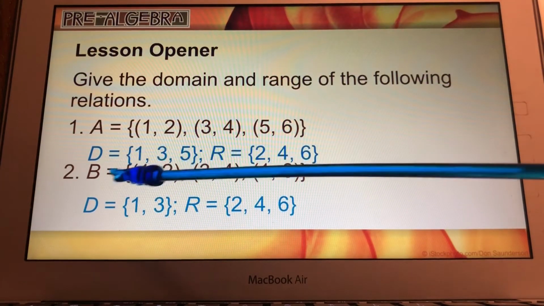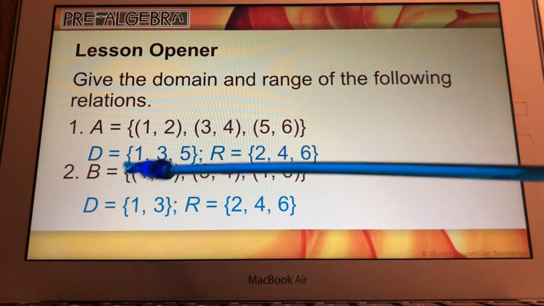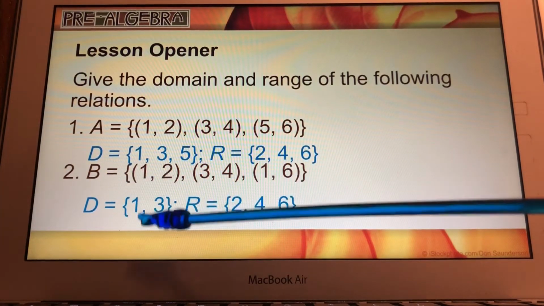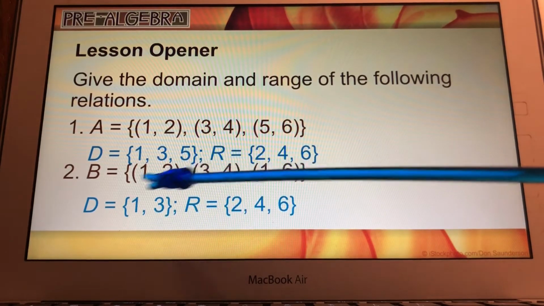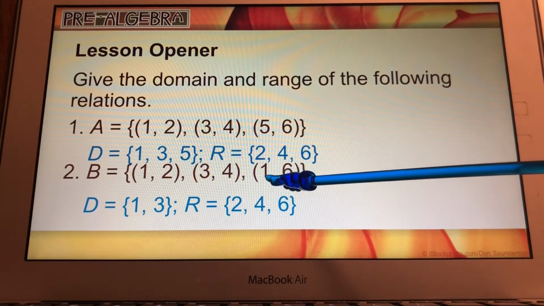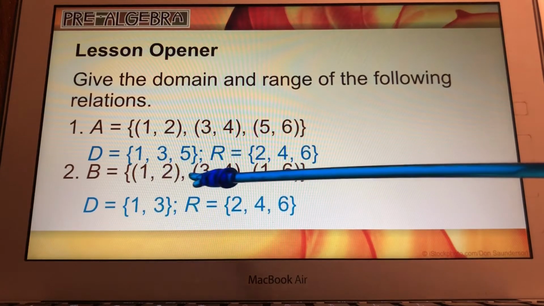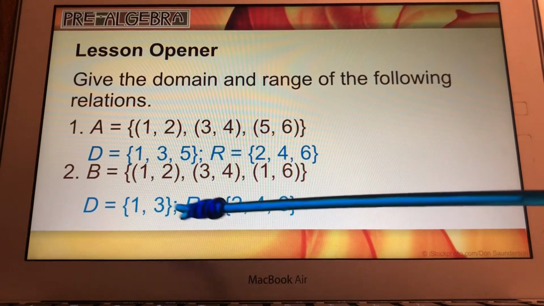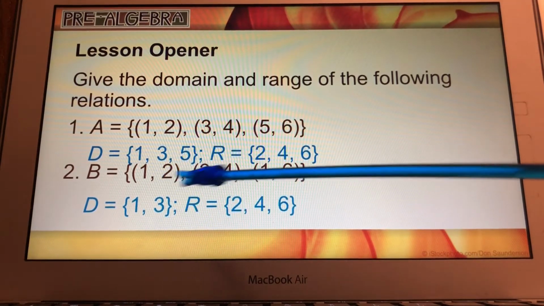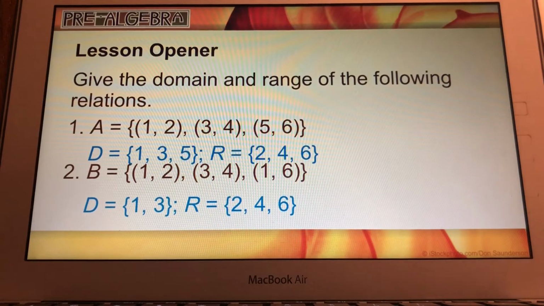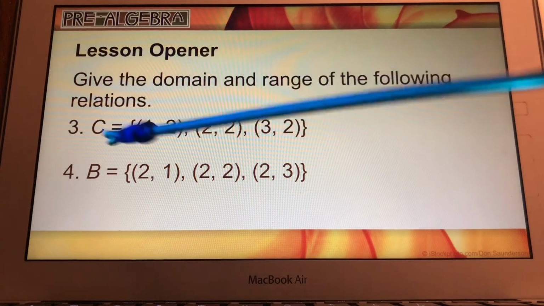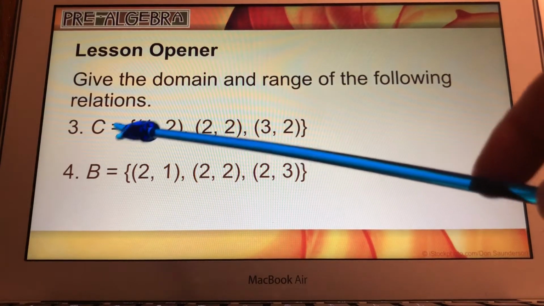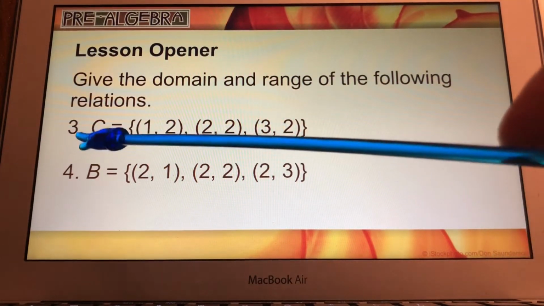And then in relation B here, we have the domain is 1 and 3, as 1 repeats. Okay, so 1 and 3 is your domain, and then the range is 2, 4, and 6. If we continue here, let's look at relation C now.